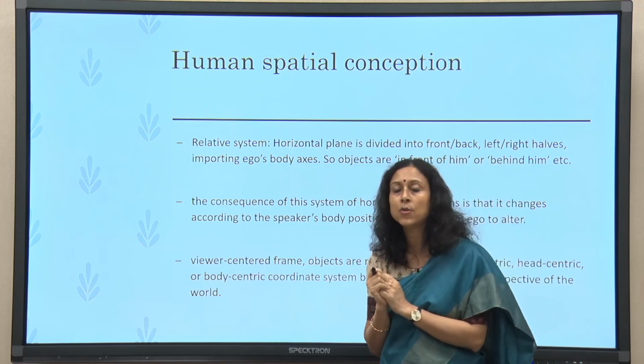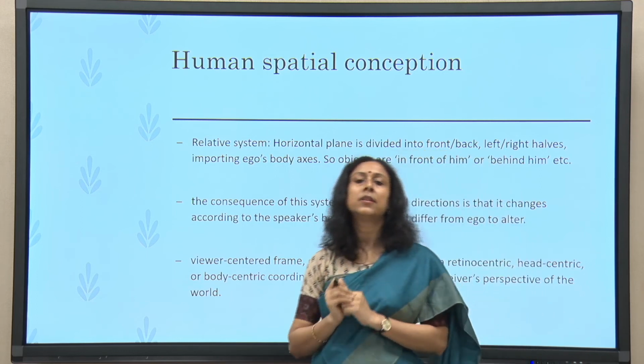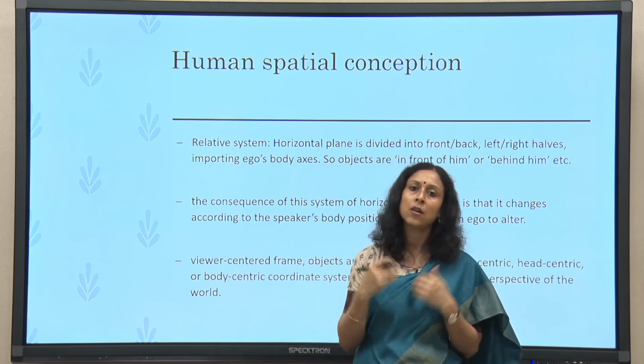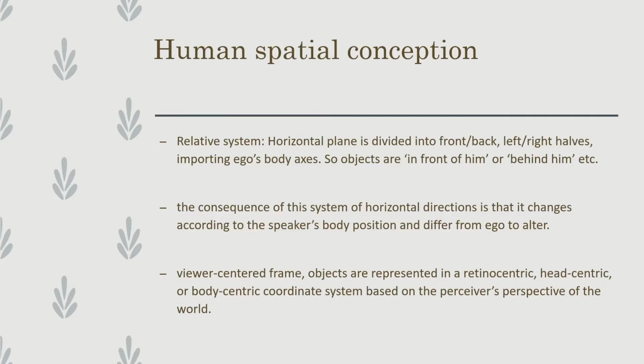So, how we really look at the world, fine, we have understood in terms of the figure and the ground and how we look at it in terms of image schemas, but is it all? Turns out that it is not all, because there is something called a frame of reference. So, we create a frame, we create coordinates in the environment on different planes, the vertical and the horizontal plane, and we divide the atmosphere into coordinates, and accordingly create a framework in order to talk about space and spatial arrangements.